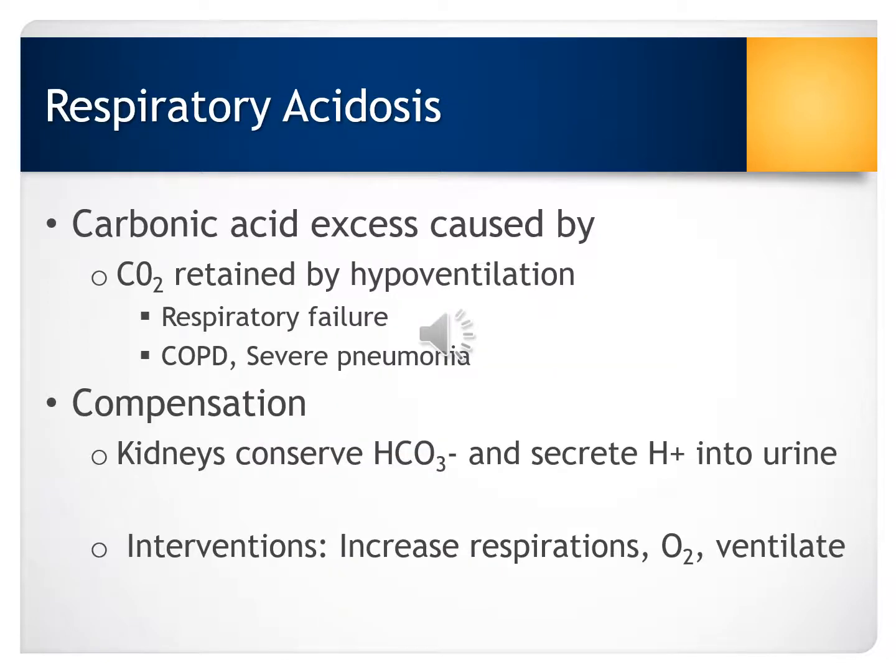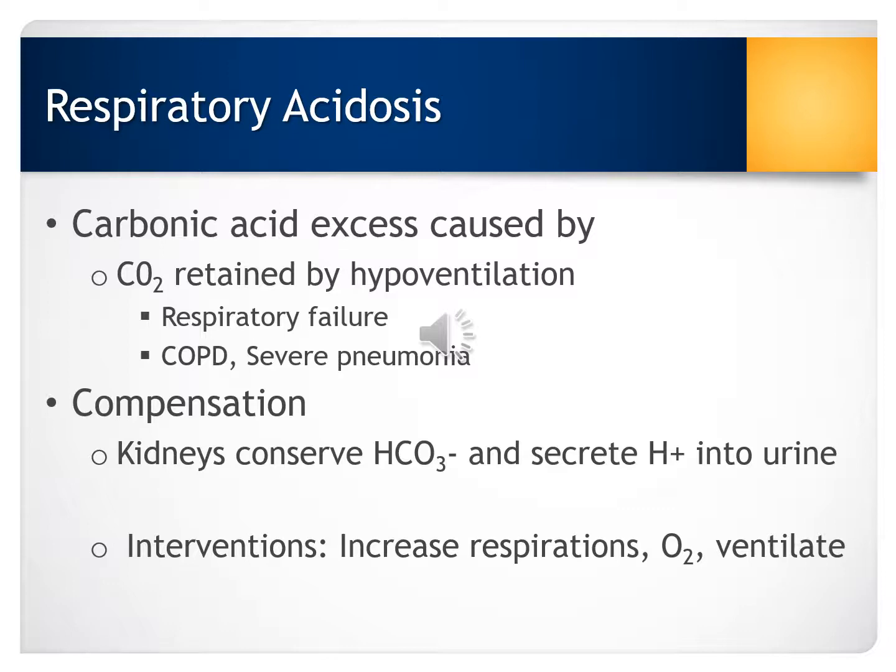Acid-base imbalances typically occur when the compensatory mechanisms fail. Respiratory acidosis typically occurs when there is hypoventilation, so CO2 is being retained. This often happens in respiratory failure. You'll see this in your COPD patients and patients with severe pneumonia.